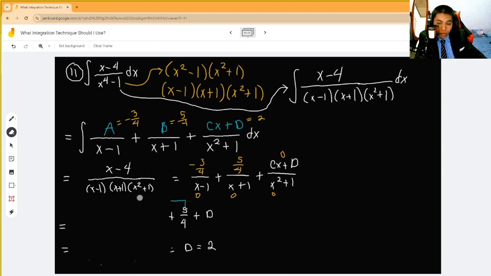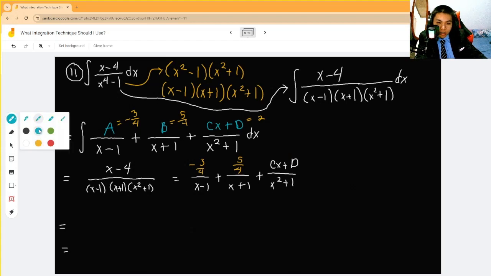What we can do is multiply both sides by the denominator of the left side right here.